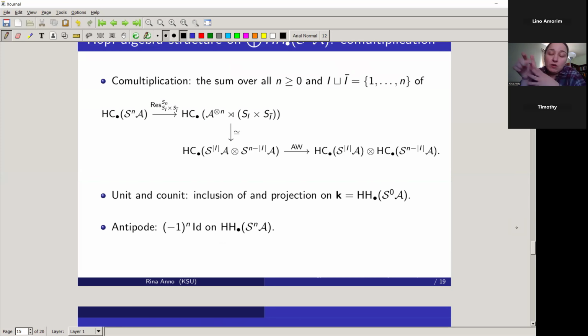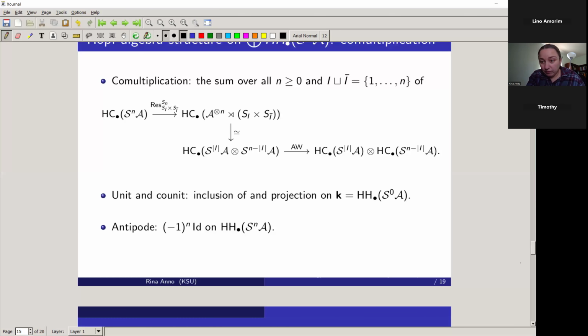And then we do the Alexander-Whitney map, which is the homotopy inverse to the Eilenberg-Zilber map. So it is a standard Hochschild complex thing to disentangle this into S of one side A, tensor S of the other side A.